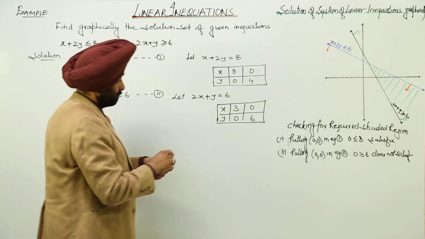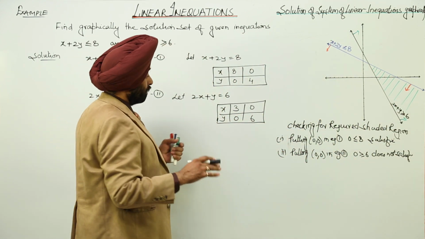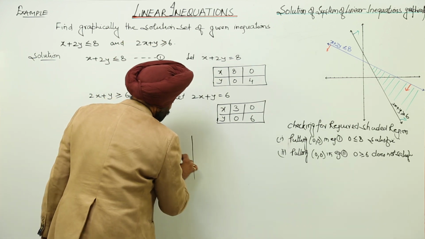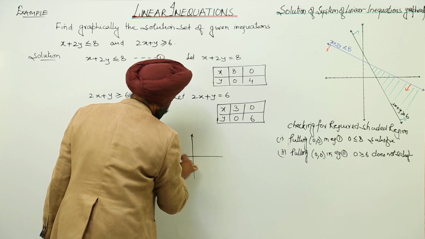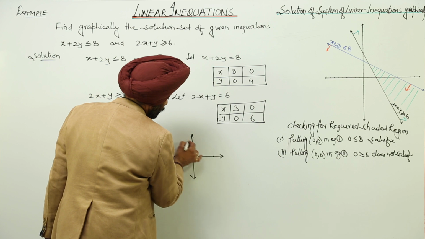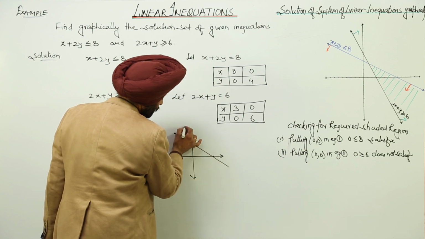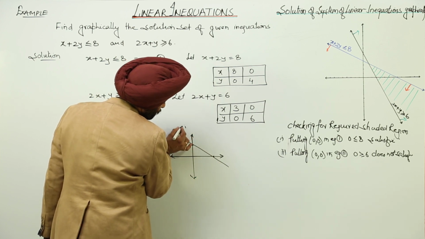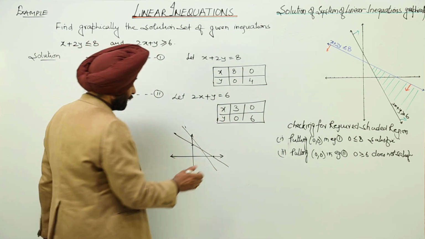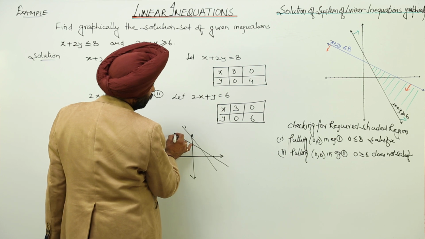Now one thing more I just want to tell you. Now this is entirely rough work. Okay, I am just showing you. Now this was our graph. One line was at 4 and 8. We have drawn like this. Another line is like this, passing from 6. I told you the shading for the line in blue was downwards.